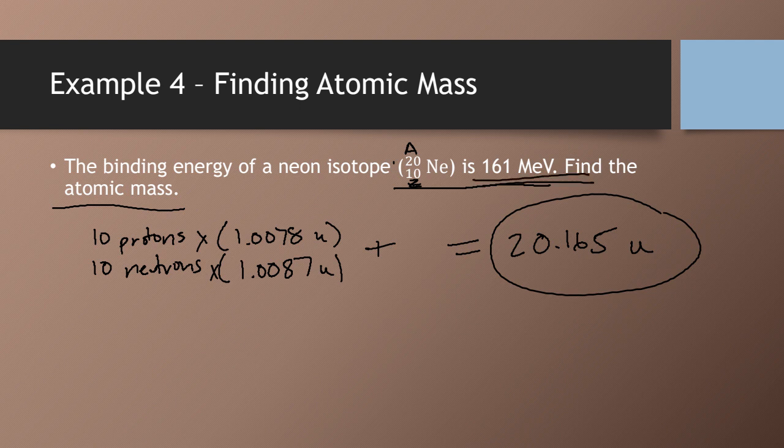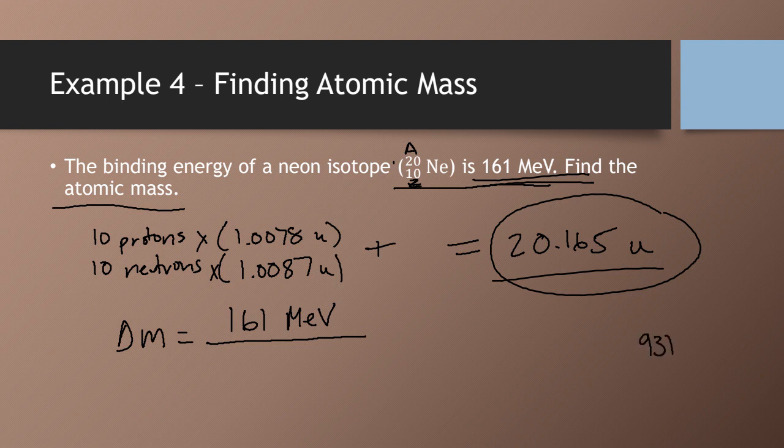And the change in the mass is the binding energy that you're given divided by the value we calculated a minute ago, per atomic mass unit.